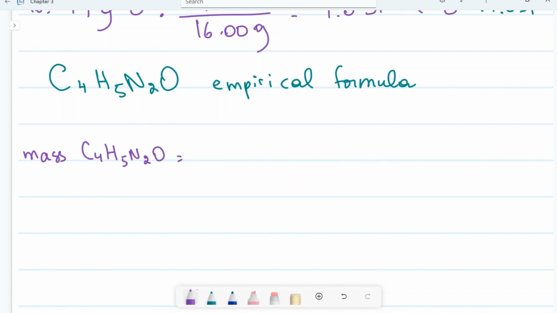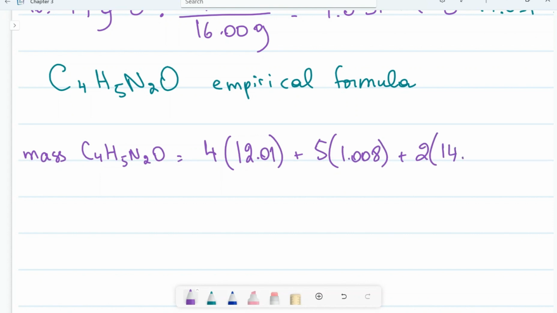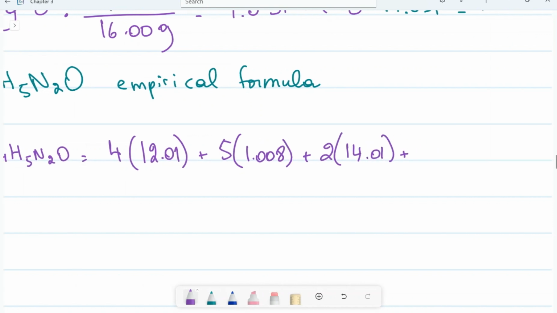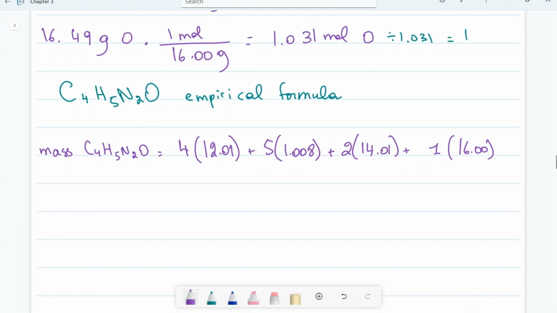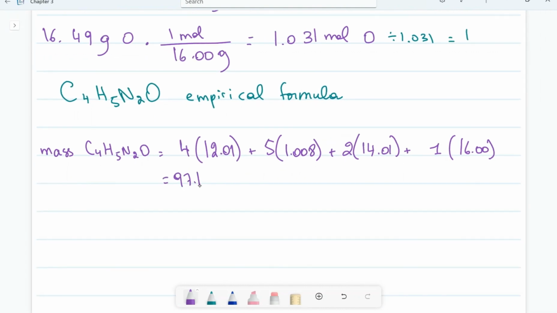We have 4 carbons, so 4 times 12.01 plus 5 for hydrogen times 1.008 plus 2 for nitrogen times 14.01 plus 1 because we have 1 oxygen times 16.00. This gives an answer of 97.10 grams per mole.